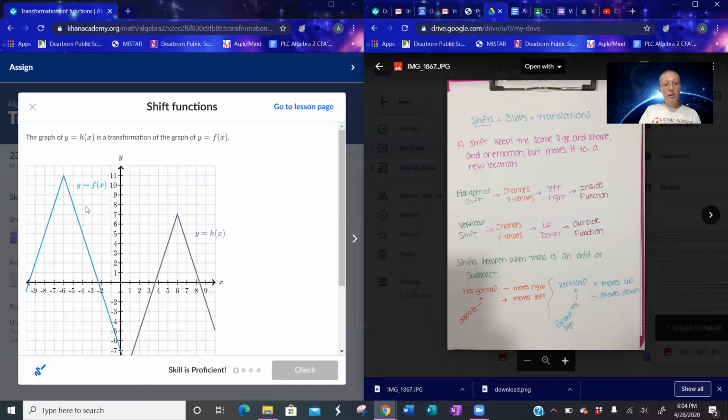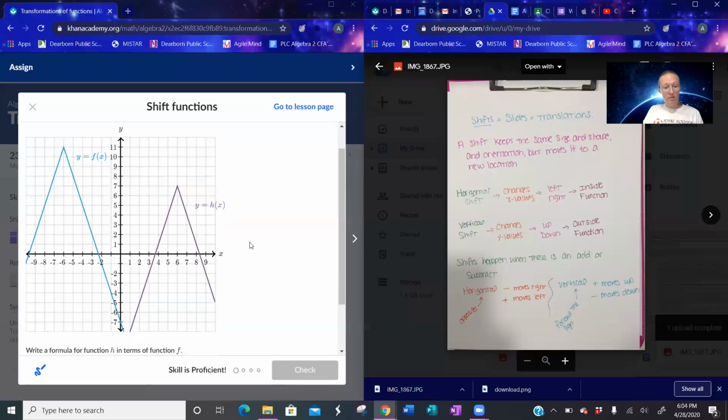So over here, I have one of the practices from the Khan Academy. So let's see what we have. The graph of y equals h of x is a transformation of y equals f of x. This is the transformation of this one. So we started here and went to this one.